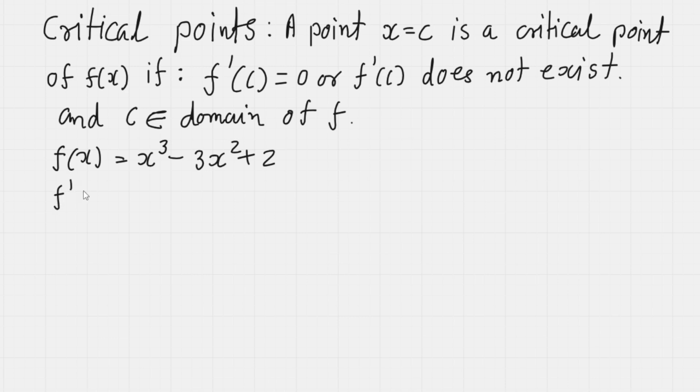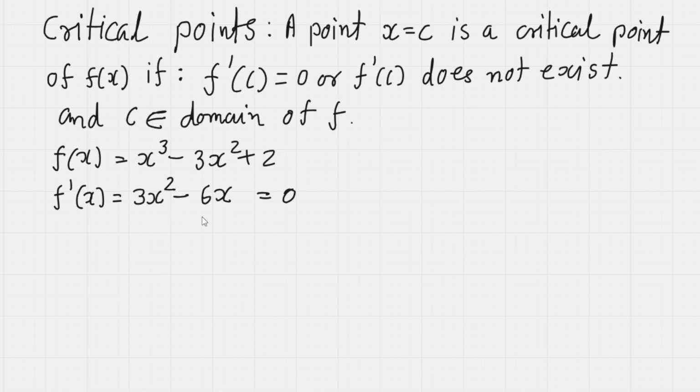So f dash of x would be equal to the derivative of x cube, which is 3x square using the power rule, minus 3 will stay as it is, and the derivative of x square would be 2x. So 3 times 2x would be 6x, and the derivative of the constant 2 will be 0, so no need to write it. Now let us set the derivative equal to 0.